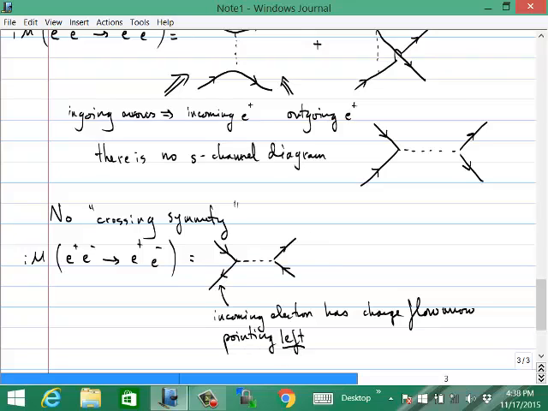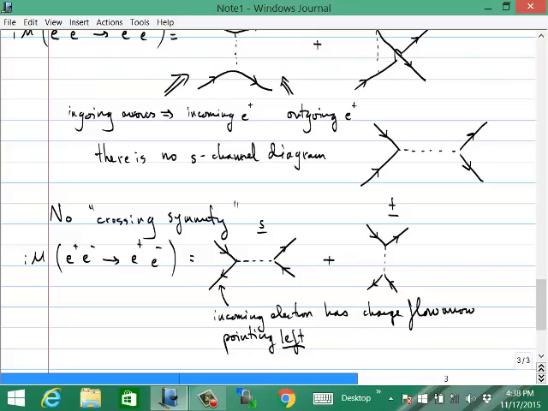And so there'll be another diagram, which is the T-channel diagram, which looks like that. One of the nice things about this picture is that these two diagrams that we're writing down both have various physically intuitive stories that you can attach to them.